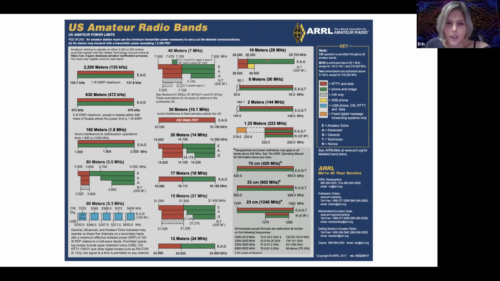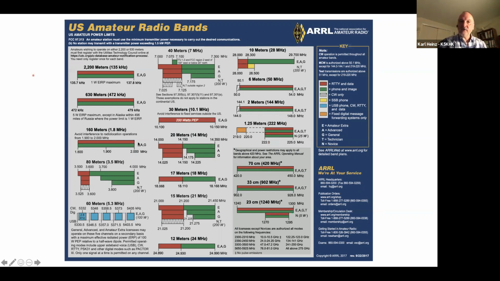Okay. After that, we have the VHF spectrum, very high frequencies, goes from 30 to 300. So we have the 6 meter band, the 2 meter band, the 1.25 meter band. So these bands in VHF divide up the spectrum. Okay, so there are smaller frequency allocations within one of those spectrum ranges.